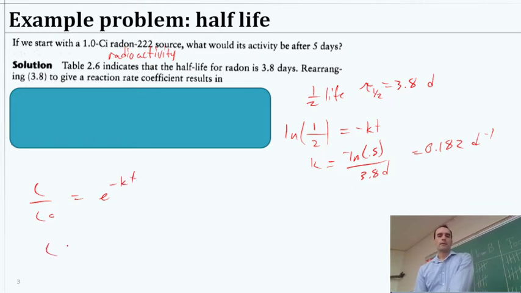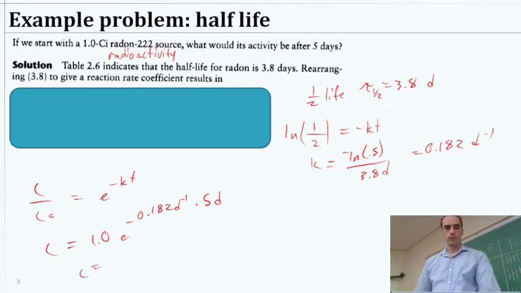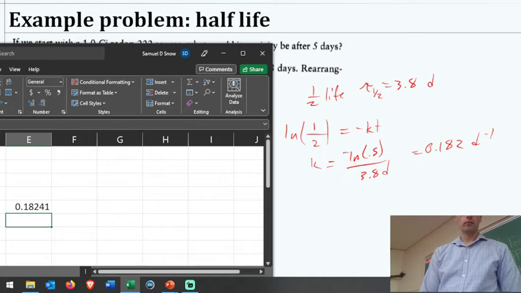Well, in this case, we want to find C. We know the initial C naught is 1.0, so that's when we're calling back that, times e to the minus 0.182 per day times 5 days. And you'll notice the units up here cancel as they should. And so then we can solve for C.